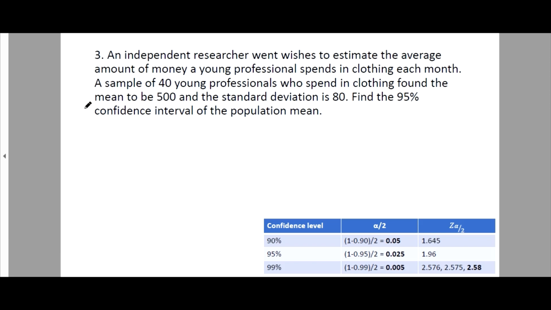Okay, so let's write first the given. Our n is 40. And our mean, this mean here corresponds to the sample of 40, so this is x bar, 500.